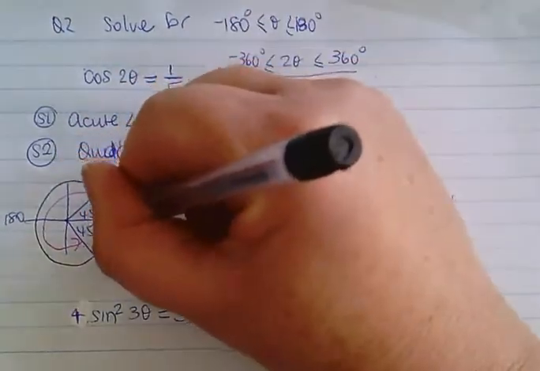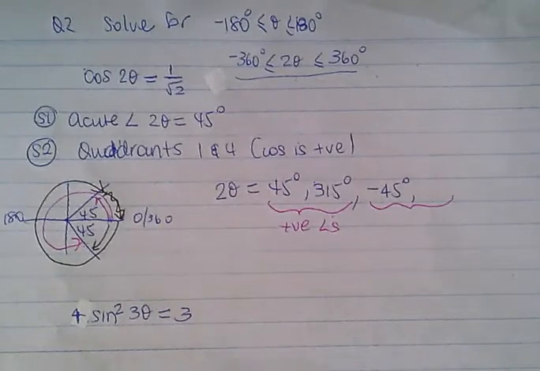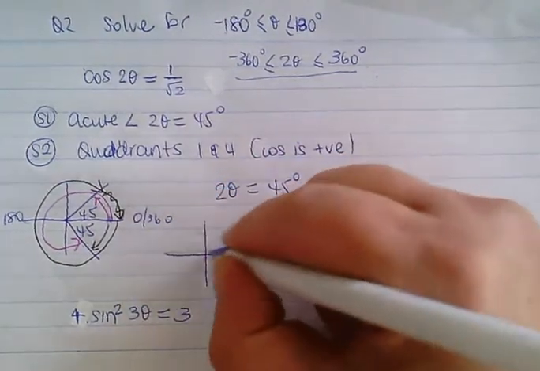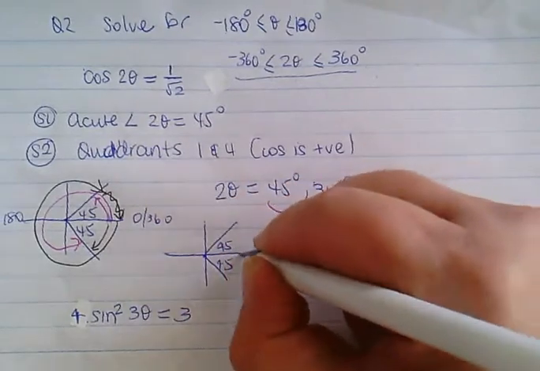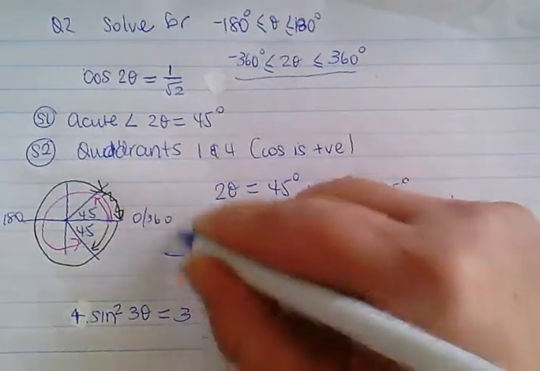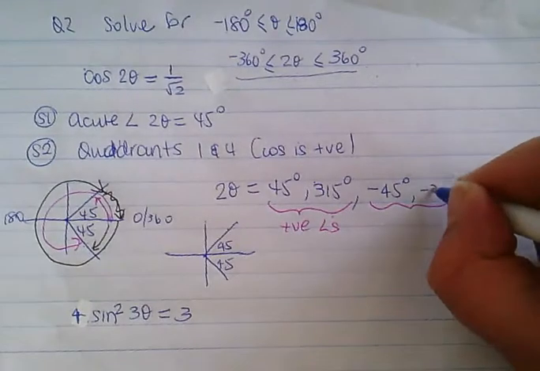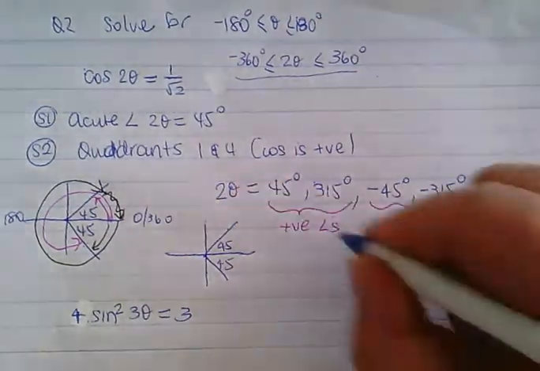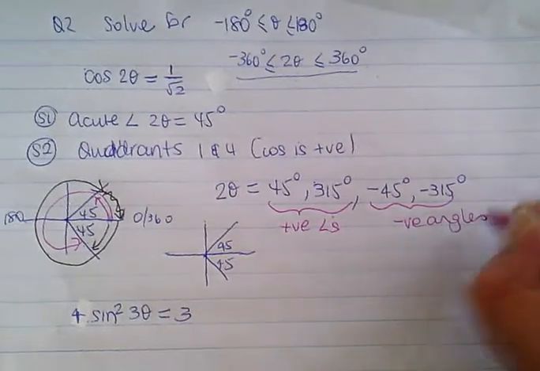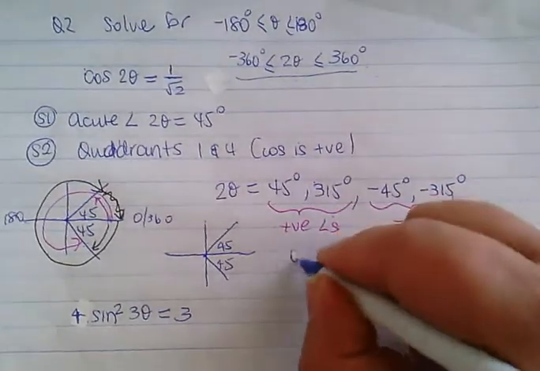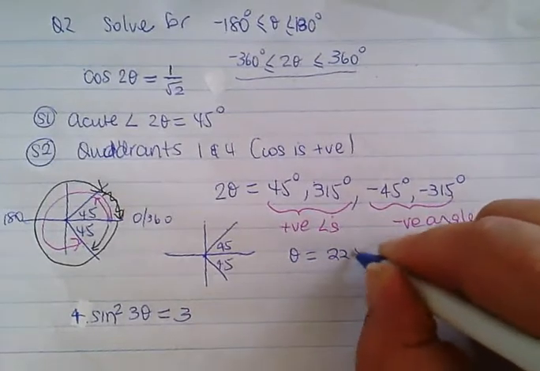Oh, too far. All right. Oh, that's a mess. So I did my positive ones like that and like that. Now my negative ones, negative 45 and negative 315. That's what 2 theta is. So they're my negative angles. So therefore, what do I do now? I just divide. Theta is 22.5 degrees.